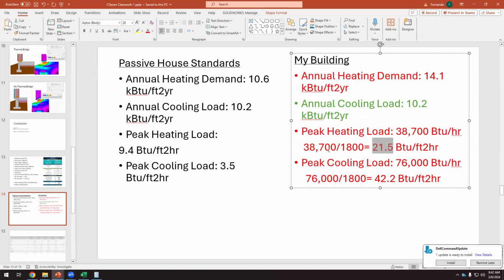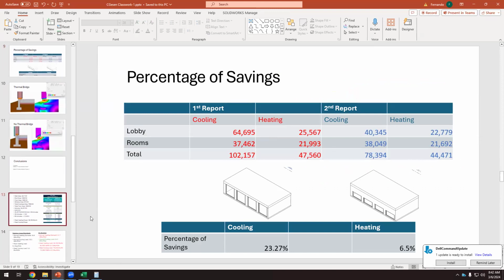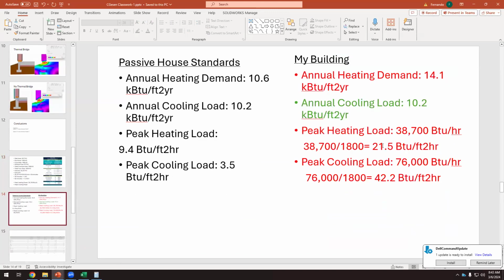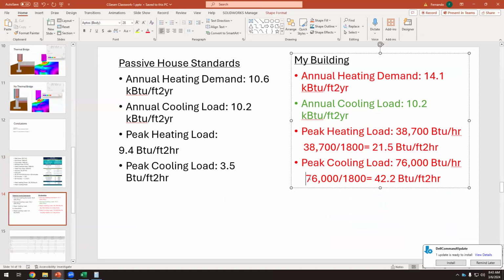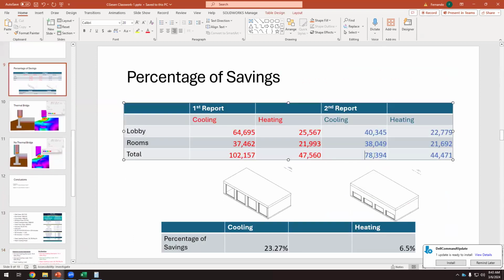So we have this load. I don't know why you have 38 here and 44 there. Anyway, with 44 instead of 21, it will be 23. And this one is 76, so you have to use this 78, whatever.